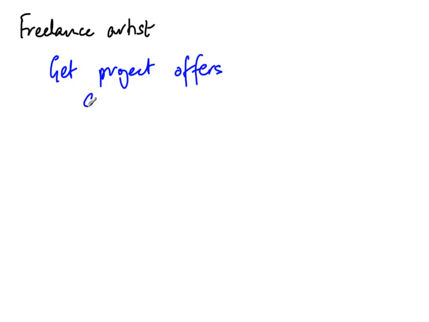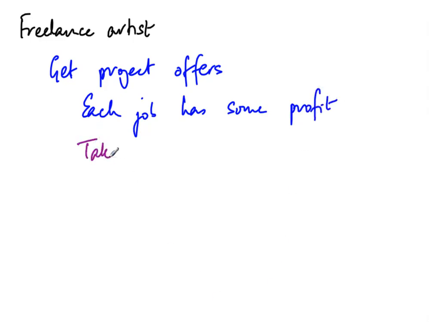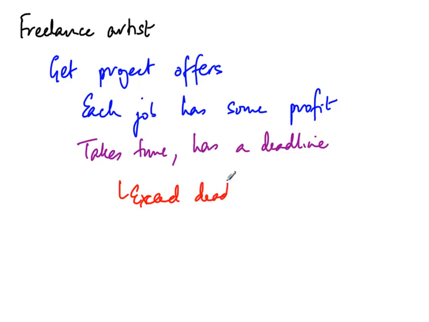So each job has some revenue, some profit for you if you do it, but each job also takes time and has a deadline. So it might take you 2 days to make a magazine cover, 5 days to make a poster, and so on, but each job has to be finished within a given time, and if you exceed the deadline, there is no profit. You don't get paid.